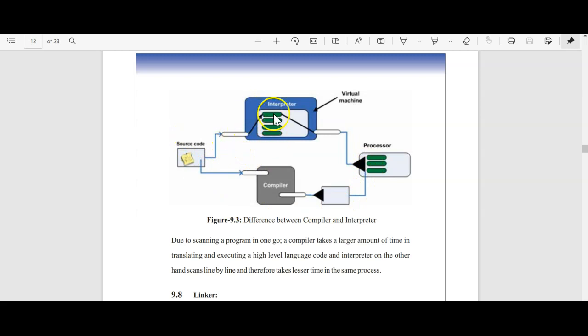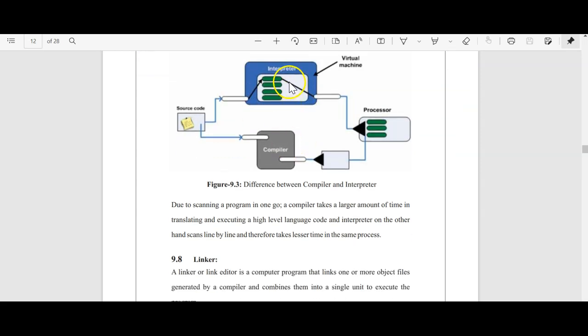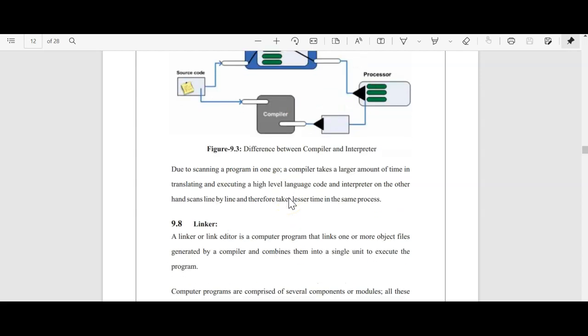But what is the interpreter? He is slightly a beginner level translator, and he is converting your source code into the machine code, but line by line. It is doing it in bits and pieces, so definitely it is slow. This is the basic difference between a compiler and an interpreter.